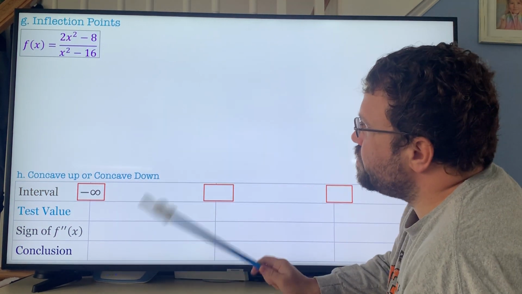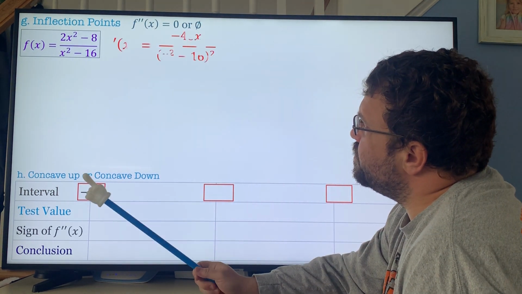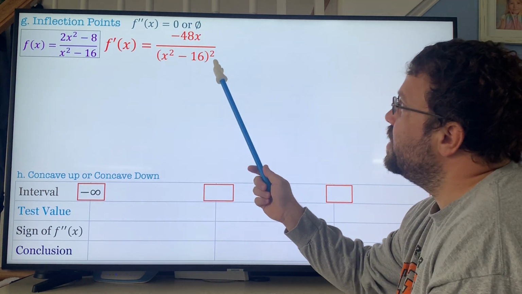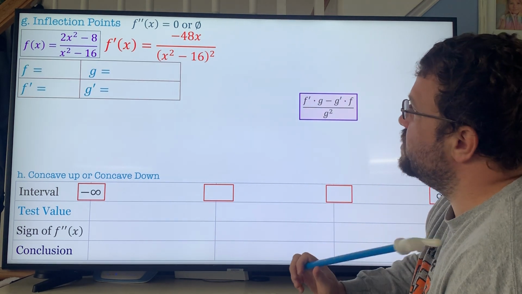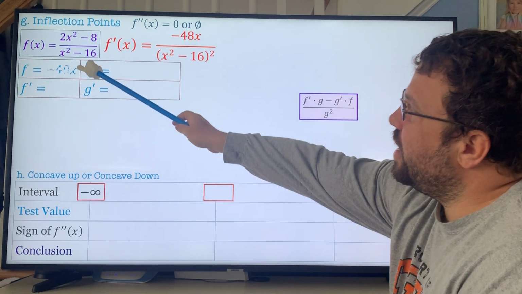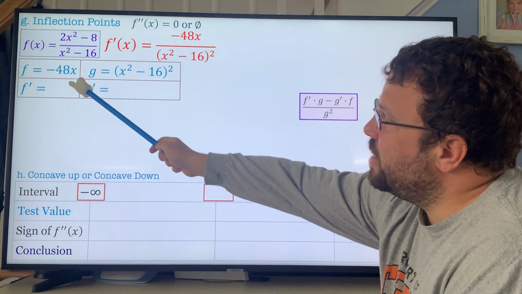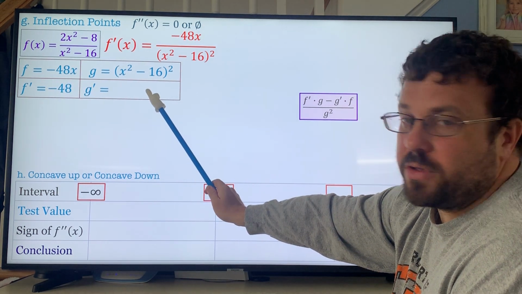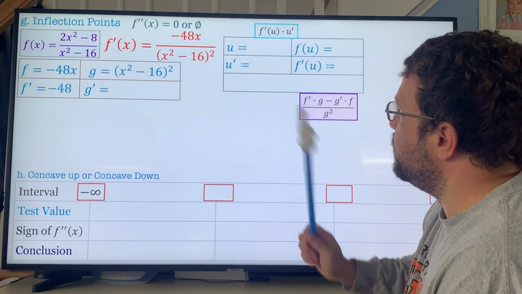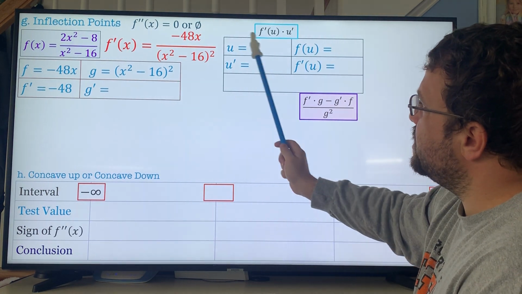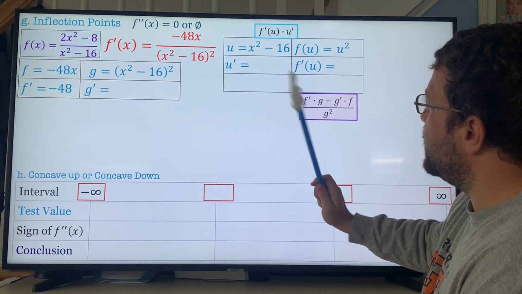Here we go. We have the derivative from the previous problem. Now in order to differentiate this, we have to use the quotient rule again. Negative 48x over x squared minus 16 squared, and we have to use what rule? Again, chain rule. The way to use the chain rule is u is the inside, f of u is the outside.